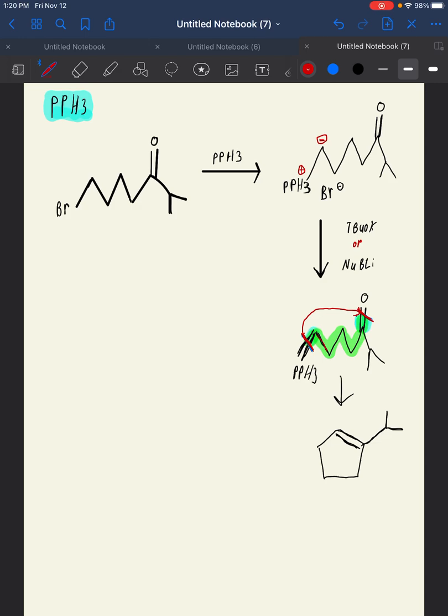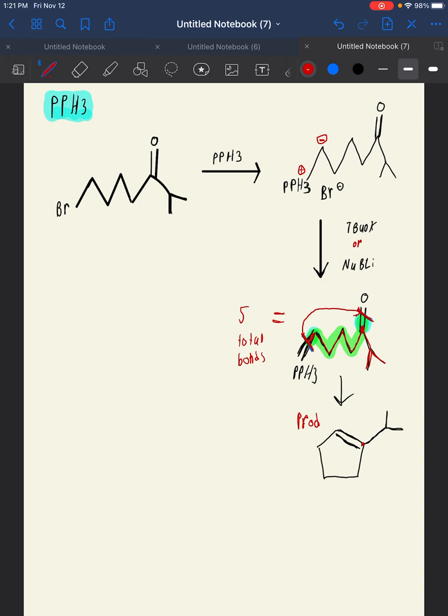And then we have 1, 2, 3, 4 other bonds, and then the one new double bond. So that equals 5 total bonds. And then also just keep track of your substituents. Your substituent right here would be attached to the double bond. So I have it attached to the double bond right here. So this is your product.